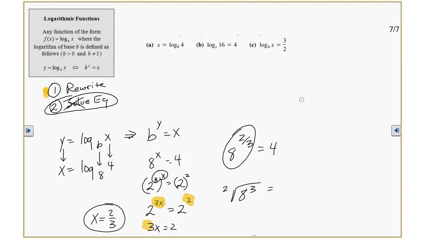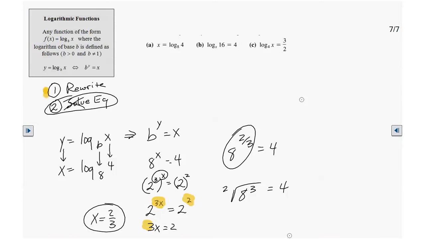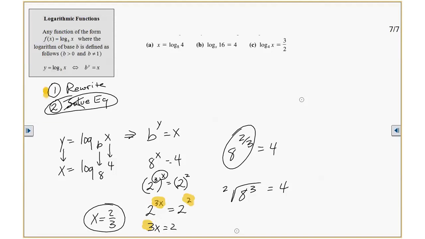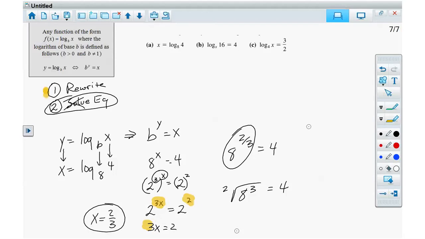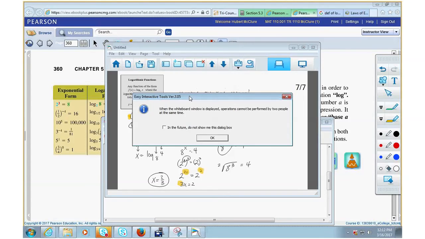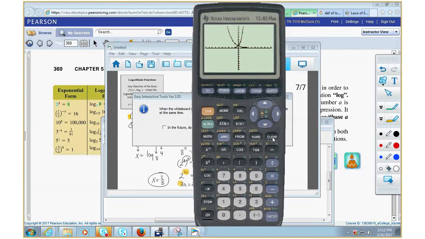Whichever way you want to do it, somebody take the calculator and tell me what 8 to the 2/3 power is. It's just 1/3 is 2. And 2, yeah, you could do that too. Let's take our handy dandy calculator. Eight to the 2/3 power.